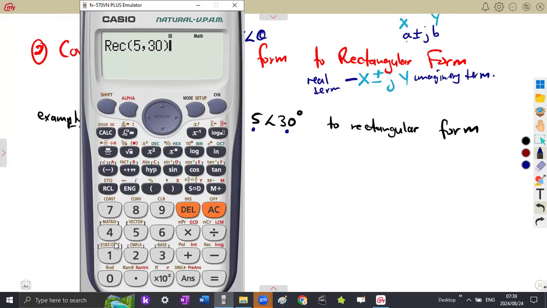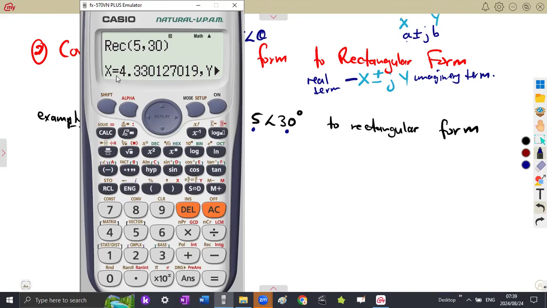You close the bracket. The moment you equate this, it gives you the values in rectangular form. Remember, the calculator does not understand A and B. It understands X and Y, so it's going to be X plus or minus JY.